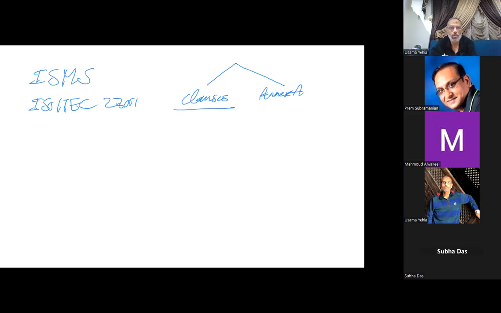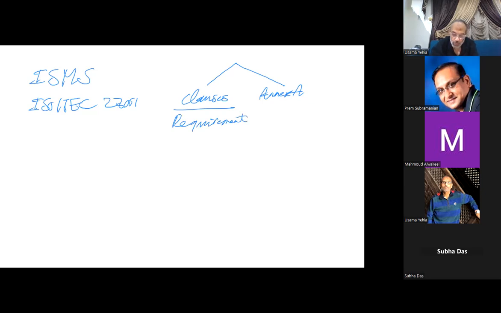This means that if you apply all these controls and clauses, you can be certified for 27001 from ISO or any of the companies which support ISO certifications. Then the clauses are requirements.